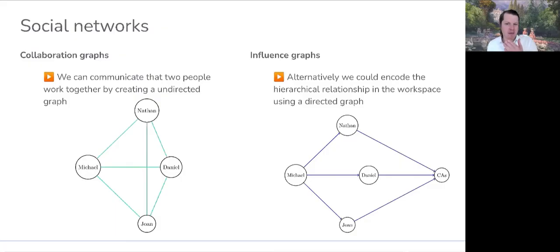If we wanted to take this a step further and better reflect the hierarchical relationships as they exist in the workplace, say with this idea of managers, senior staff, regular course assistants, we could do something with a directed graph to show that I'm able to influence what the senior CAs are working on, and in turn, they will go ahead and influence the course assistants to help ensure that whatever our overarching goals are goes ahead and gets accomplished.